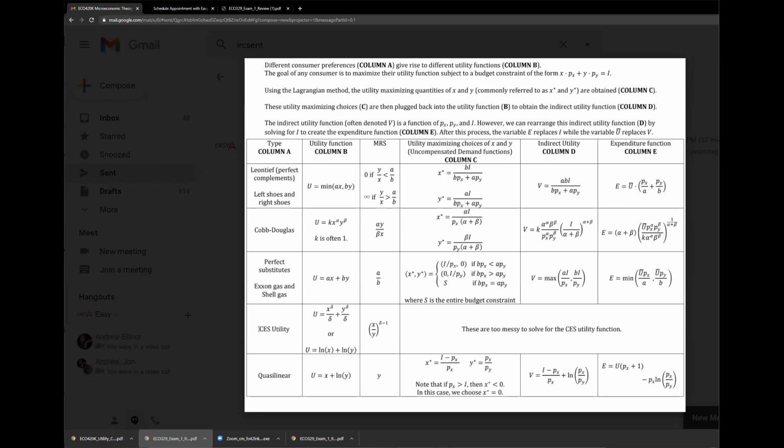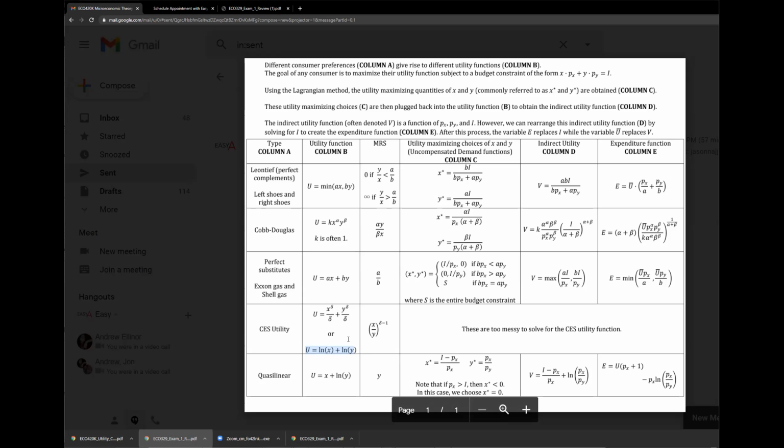I have CES utility. And like I said, these are too messy to solve by hand. Now, sorry, I should say they're too messy in this case. But remember, we're dealing with the case of ln of x plus ln of y because they told us delta was 0. So this actually is doable, and we'll just do it the long way.